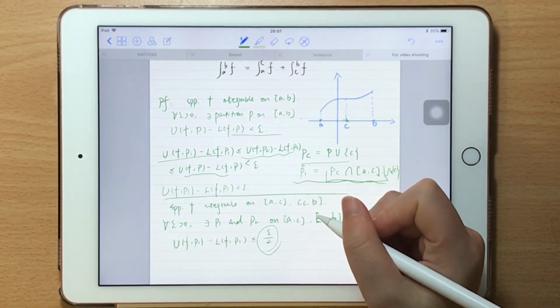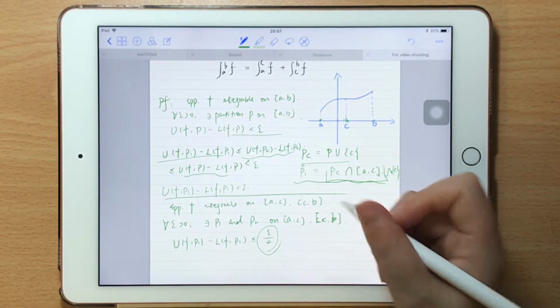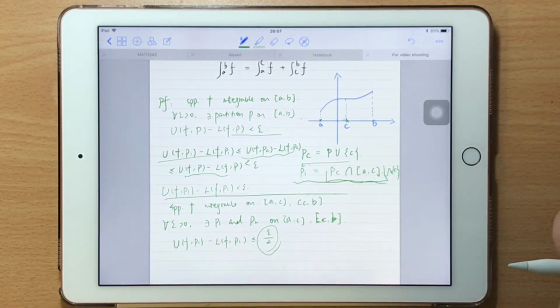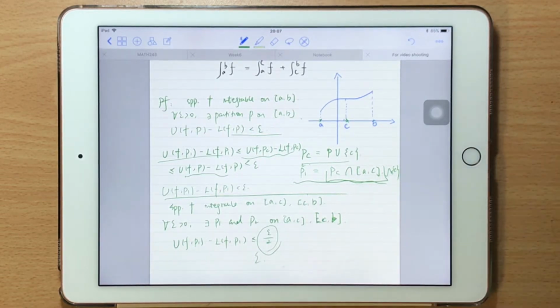But if you don't actually know what will happen in the next step, it doesn't matter, you just choose epsilon, and at the end you might get something smaller than 2 times epsilon or 3-4 times epsilon, and that doesn't matter.